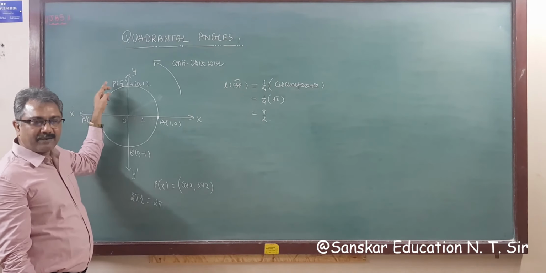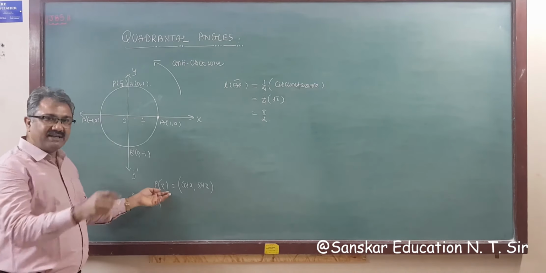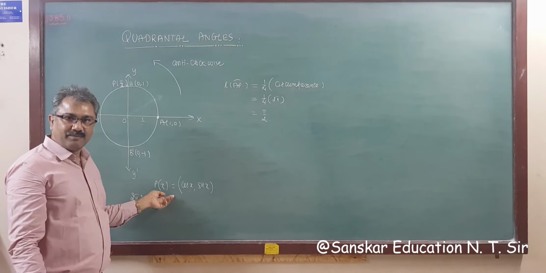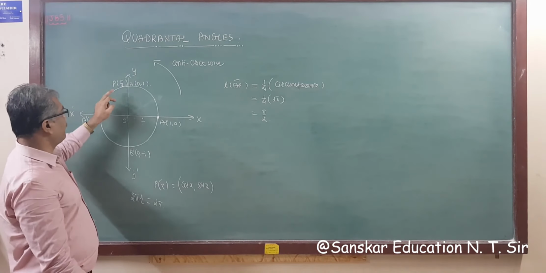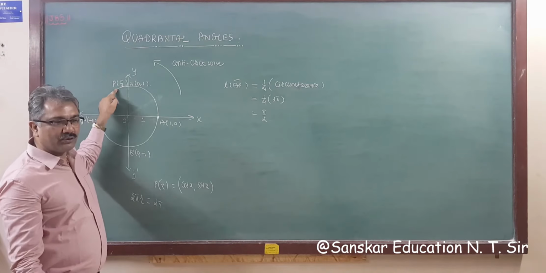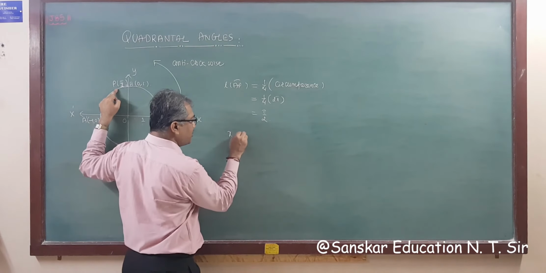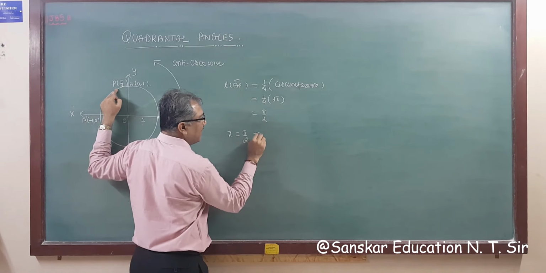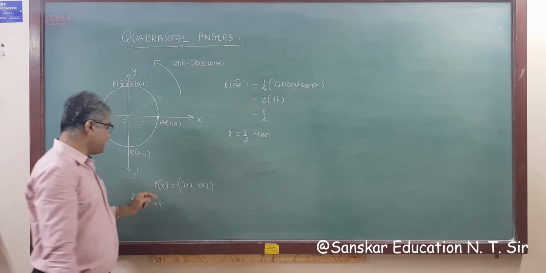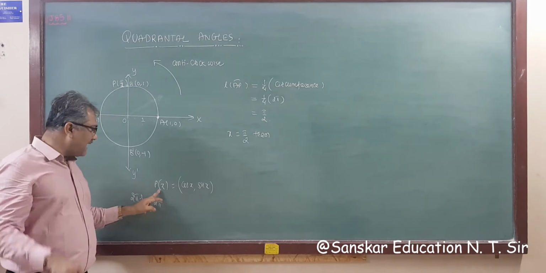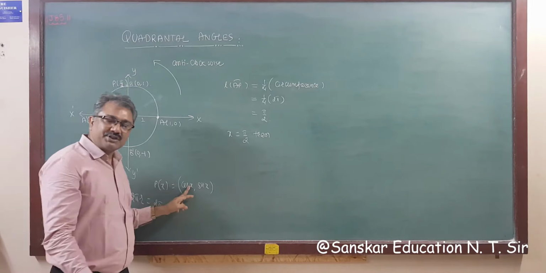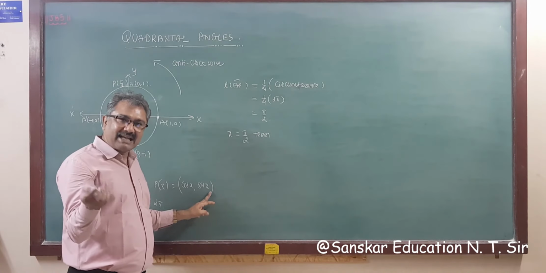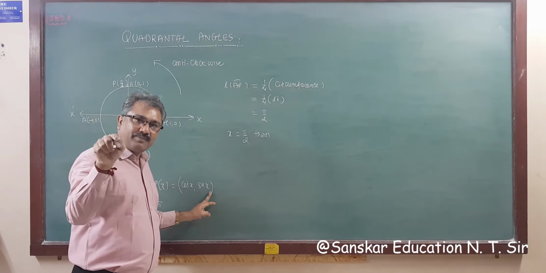That is trigonometric point P pi by 2, as we discussed before this. So x is pi by 2. If the length of arc is x, then the trigonometric point is cos x, sin x, because x is the cosine function and y is the sine function.